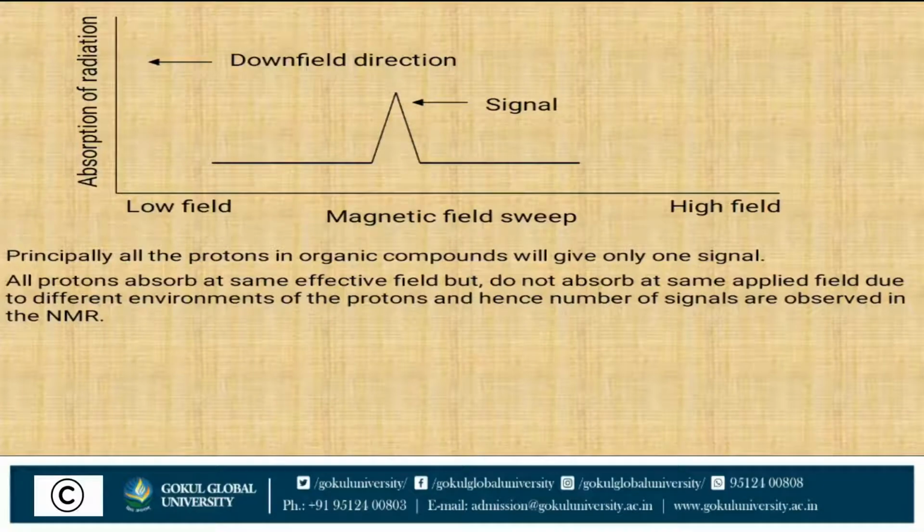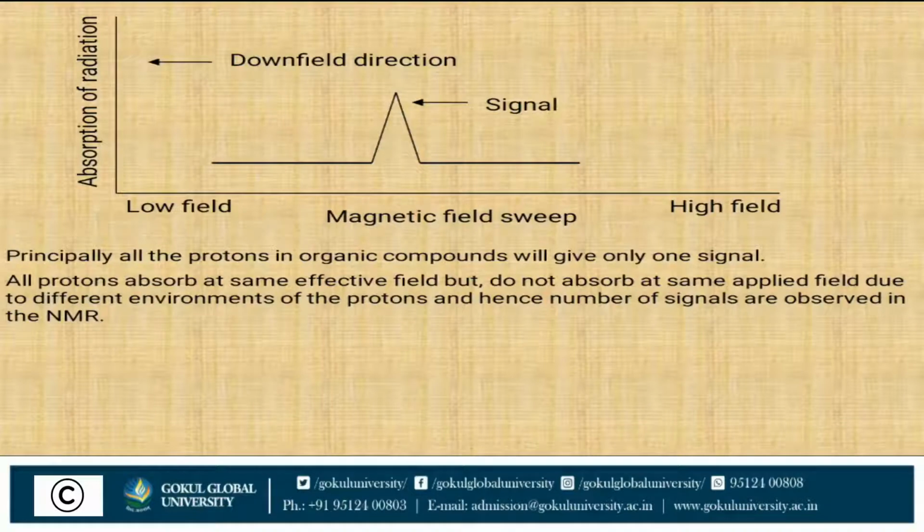So in our peaks, absorption of radiation occurs by magnetic field sweep. In peaks, all protons give a sharp signal.